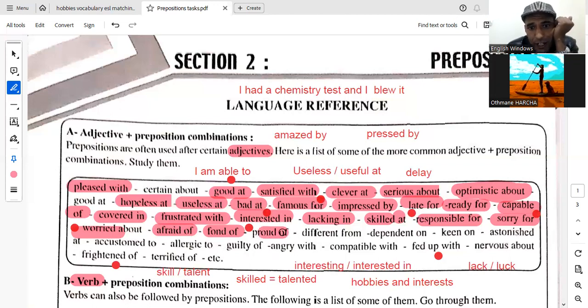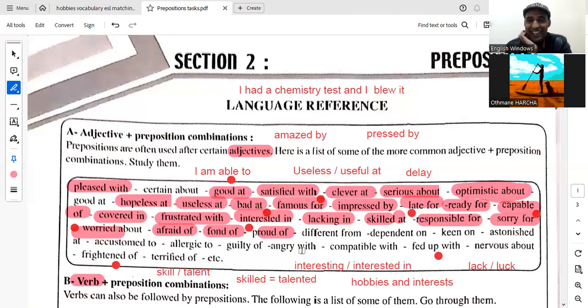Now proud of. Proud of. How do we say it, right? Yeah, we say, for instance, imagine that you got at the end of the term you scored 19 in the general average.